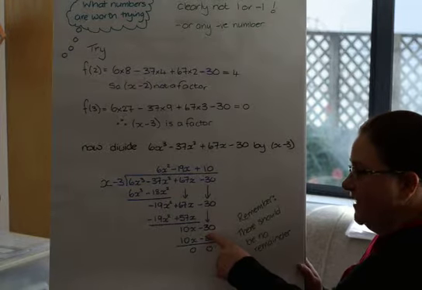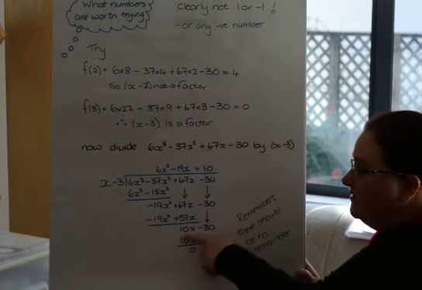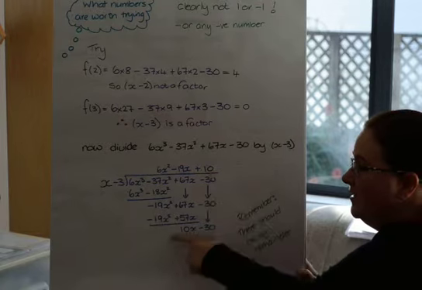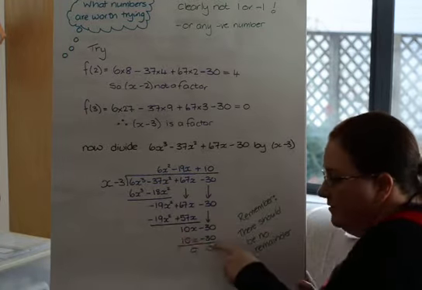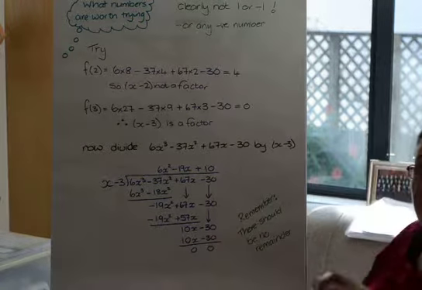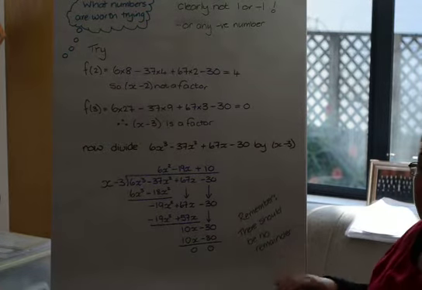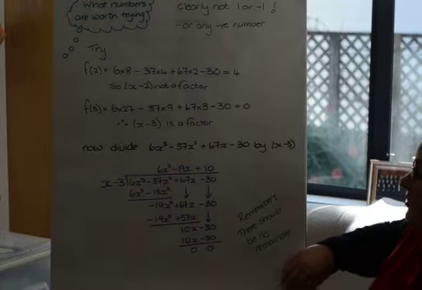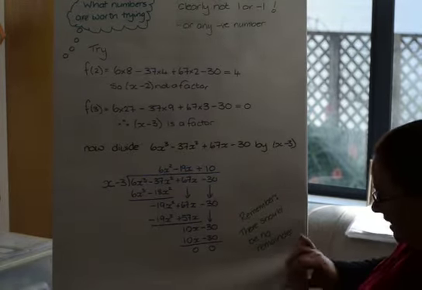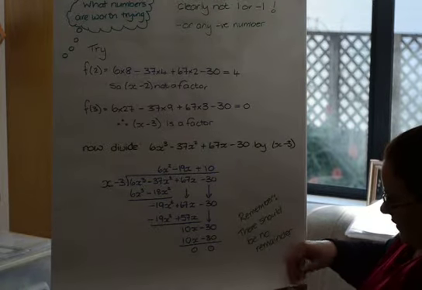Bring down the 30. What multiplies to give me 10x? It's 10. Multiply everything here by 10 and I get 0. Now remember, you should get 0. If you don't get 0, that's when you need to worry.